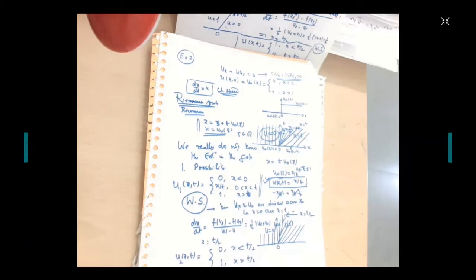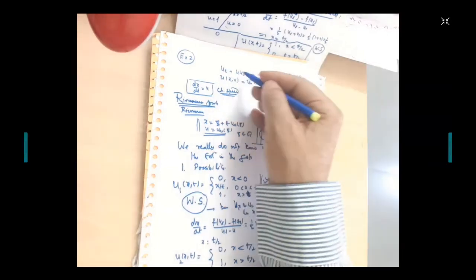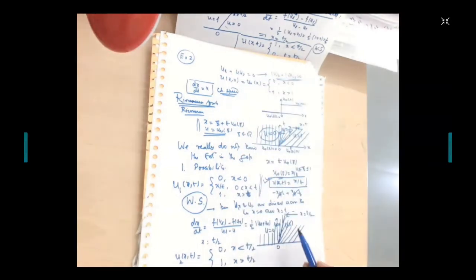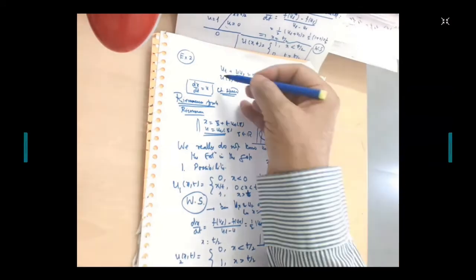This is the solution. You can see that on the left of this discontinuity, u is equal to 0, which satisfies the differential equation identically. On the right of this discontinuity, u is equal to 1 in the whole region. It satisfies the differential equation identically.